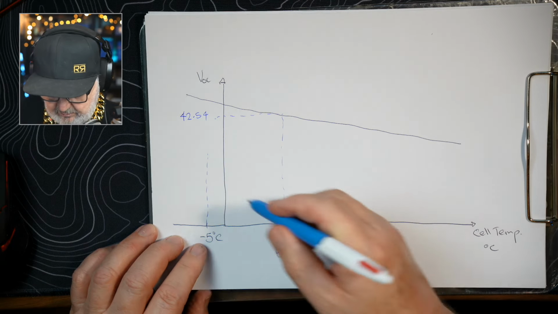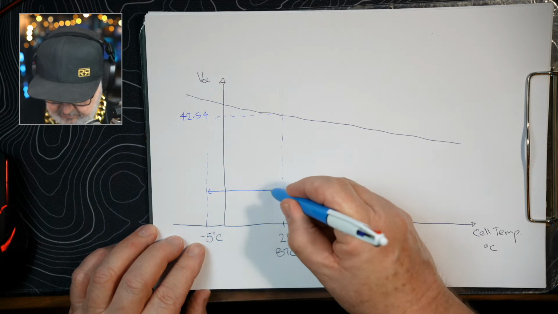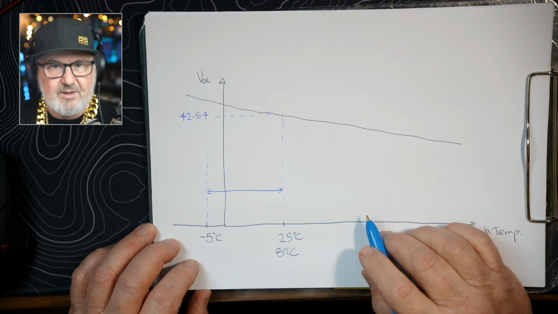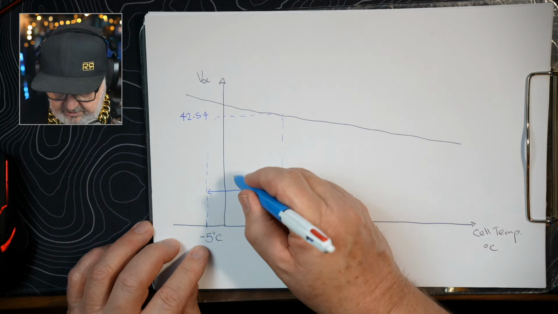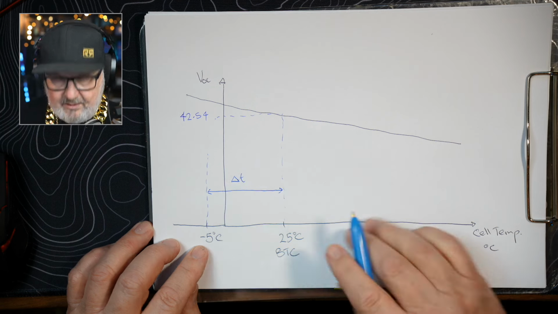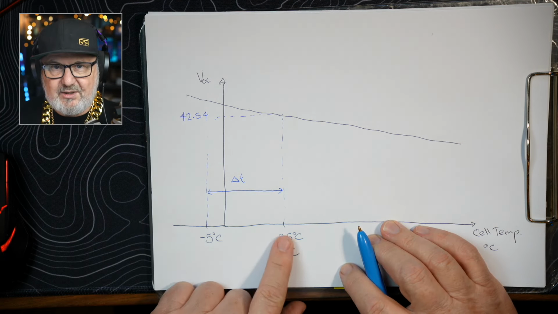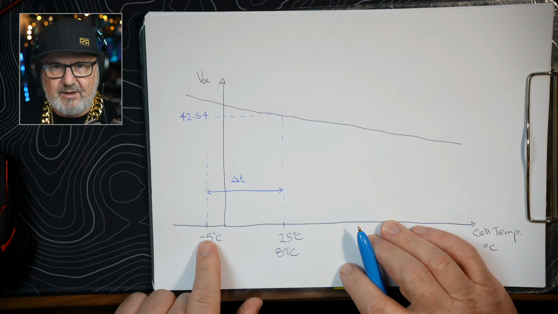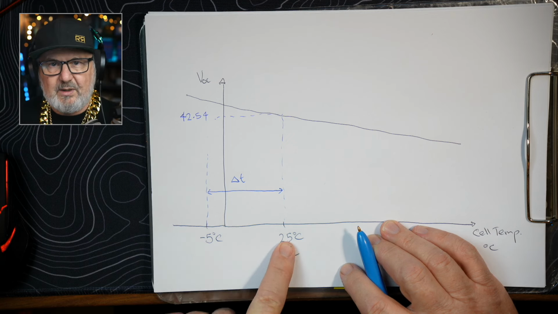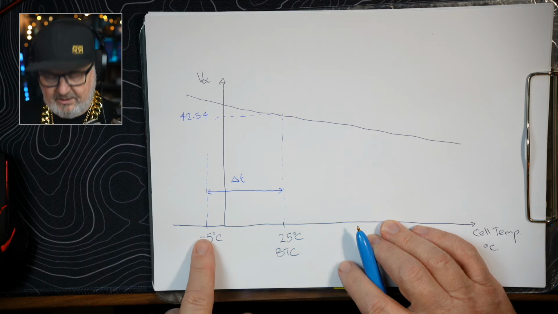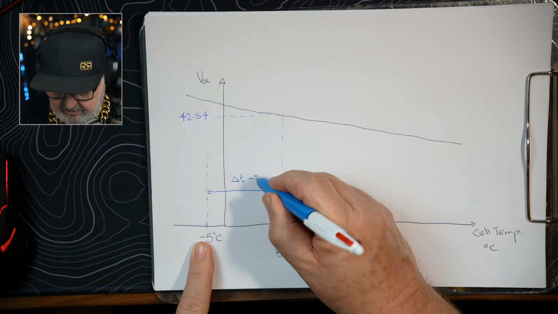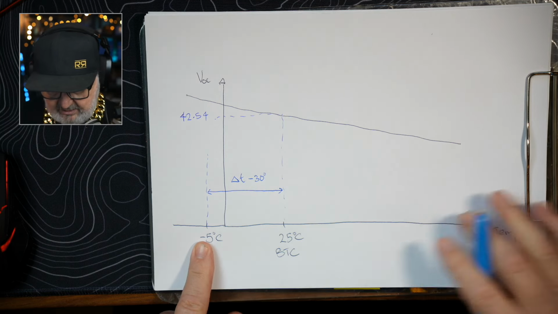So we want to know the difference between here and here in degrees Celsius, and that's known as a delta T, change in temperature. What is the change in temperature? Well, it's actually 30 degrees in the negative direction. So we started at 25, we go 30 degrees in the negative direction, so minus 30 degrees is our change in temperature.